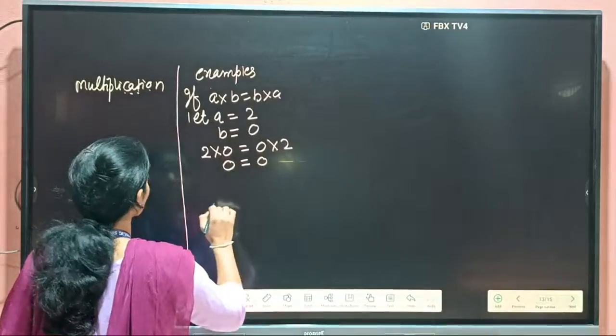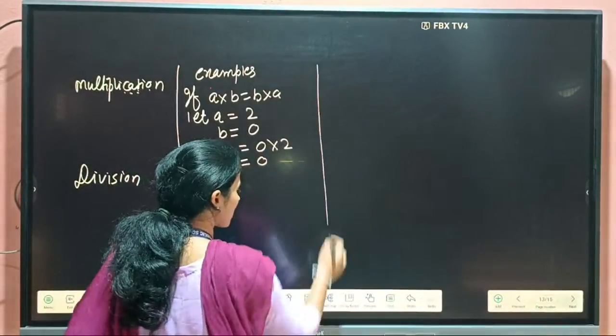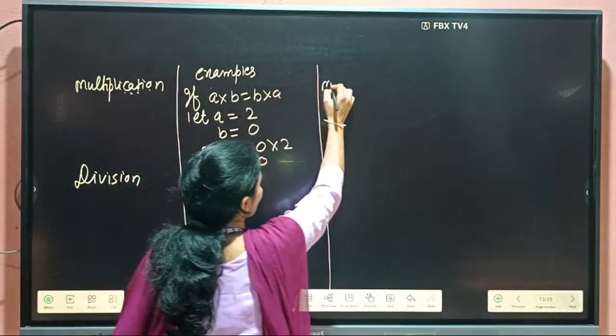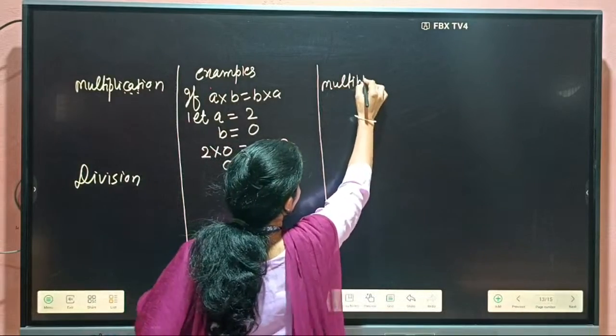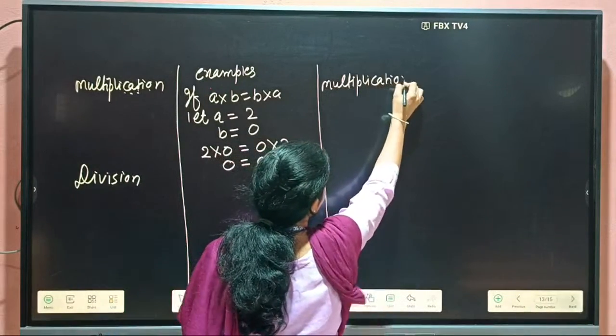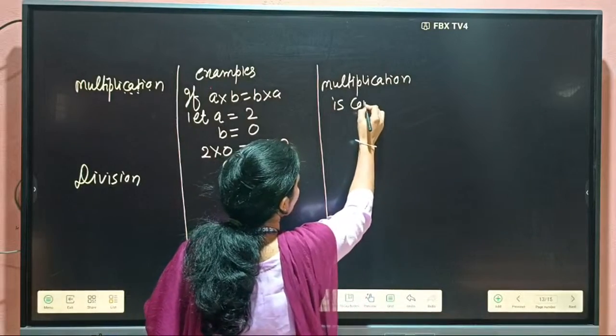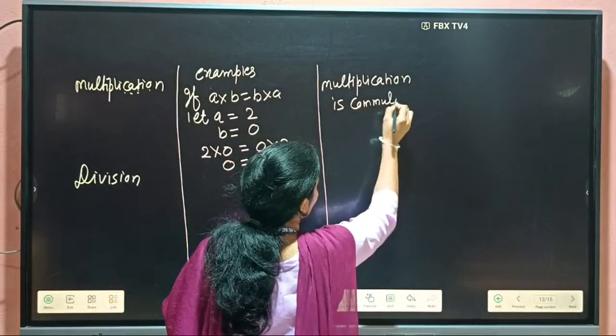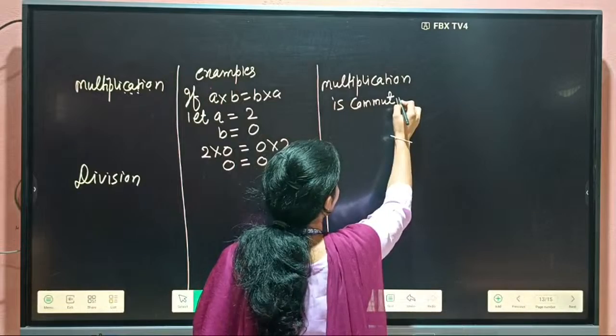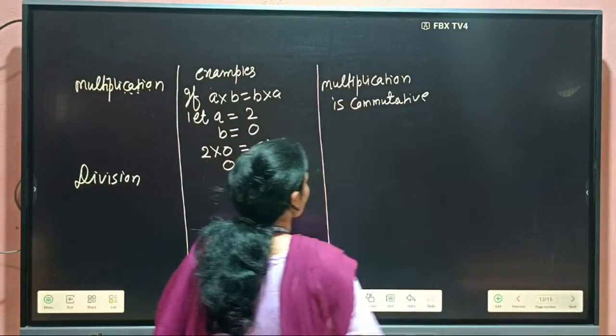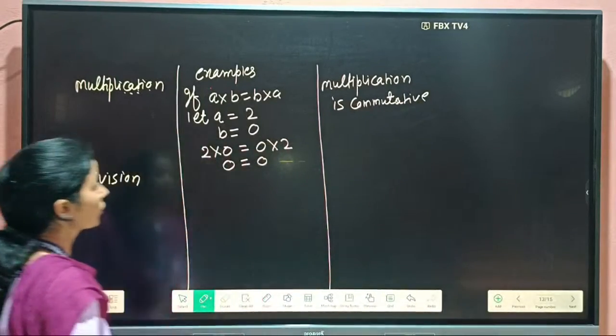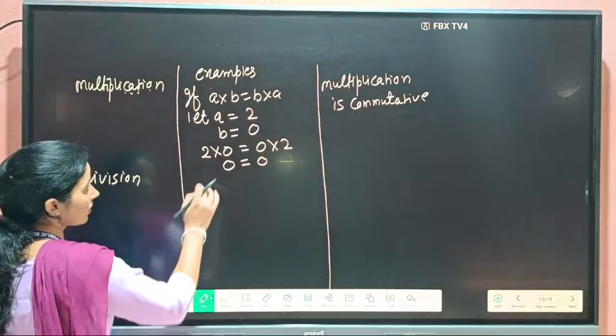Yes, so we can say multiplication is commutative.